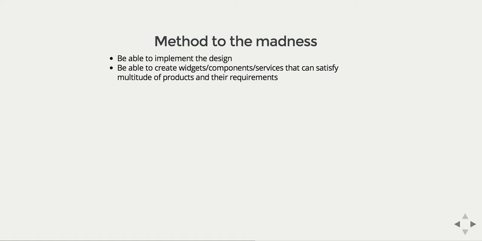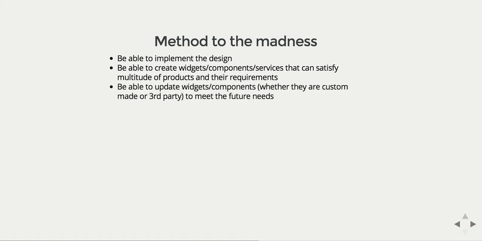So if we had a login, we needed to build a login component that everybody could use, not just one product. And to be able to update your widgets and components, whether they're custom made or third party, to meet future needs.